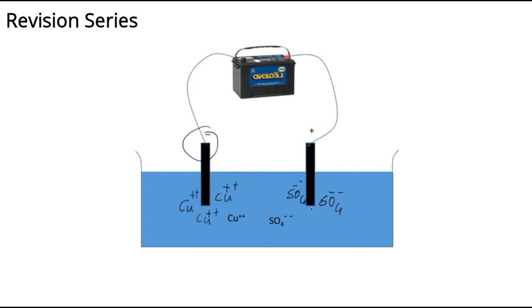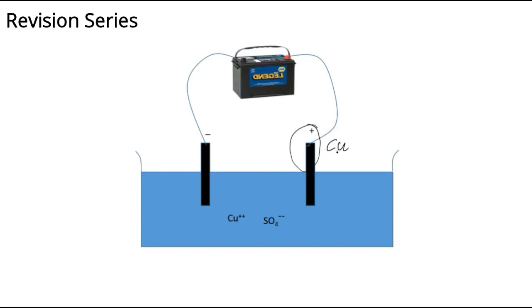Now what has happened here? We have made copper ions move towards the negative electrode, right? Please remember this point. Suppose you take copper as a positive electrode.